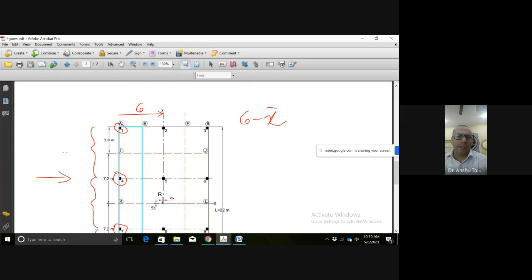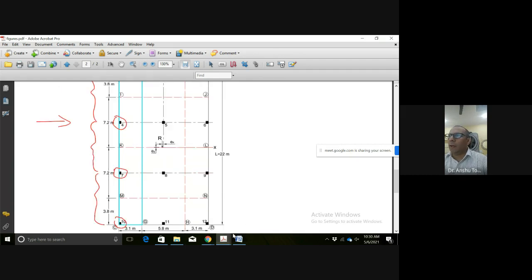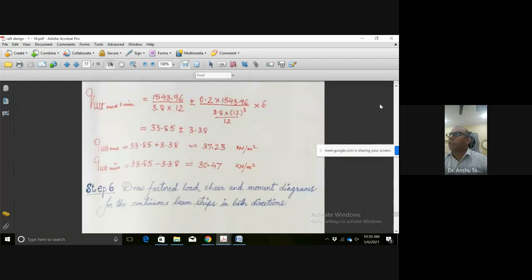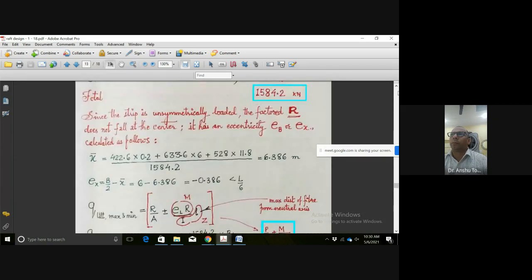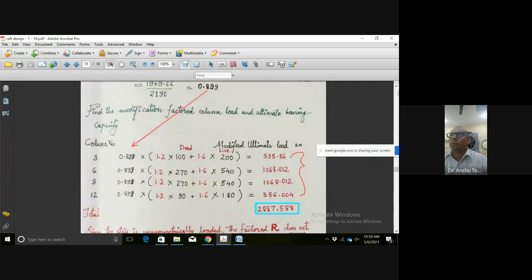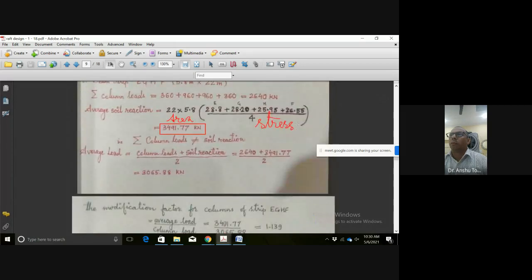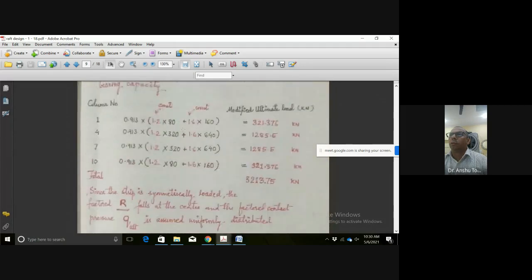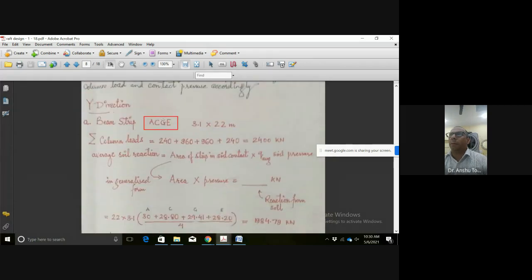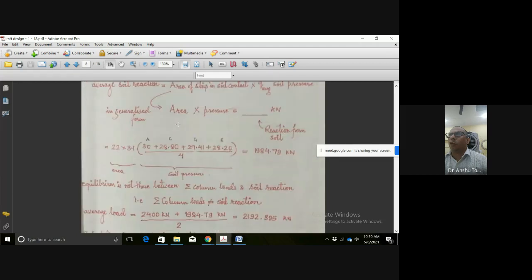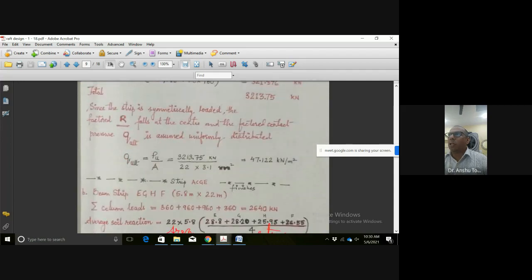And corresponding to the strip A, C, G, E, what were the stress values we found? Let us go back to the solution. This was ACGE. So ultimately, what was our purpose? To find out the average stress.